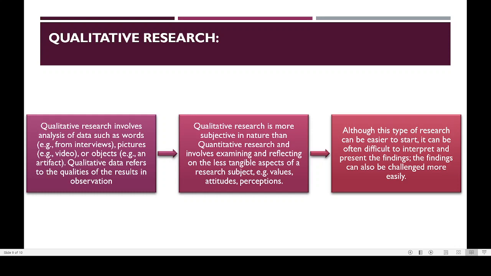Then there is a type called qualitative research. In qualitative research, we will mainly use different techniques like interviews and videos. This is the type of research we use to get more information about the quality of something.